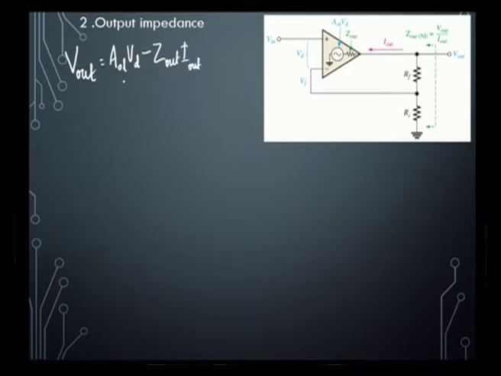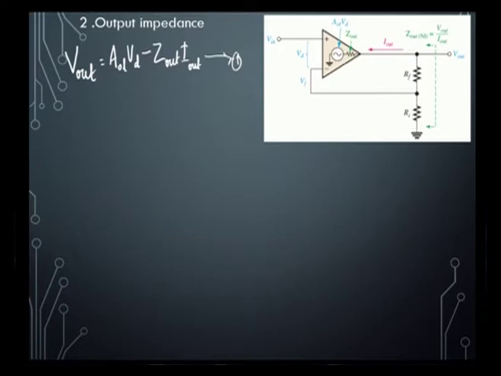Here the output voltage V out, and AOL and VD will be another voltage from here, and that will be minus Z out into I out. So, the total V out will be the difference of these two voltages, that is AOL VD and Z out into I out.